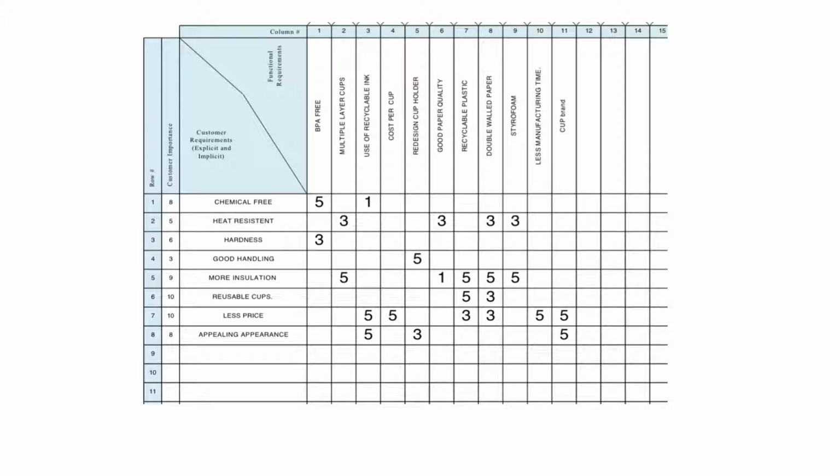Reusable cups: if plastic is recyclable, then obviously a customer can use it up to 5 to 8 times, and it's the same cup. And it's lesser price as well. So double walled paper is moderate with lesser price, recyclable is moderate with reusable cups, but it is strongly related with more insulation. As we had talked earlier, double wall provides more insulation, hardness, and heat resistance to our cups.